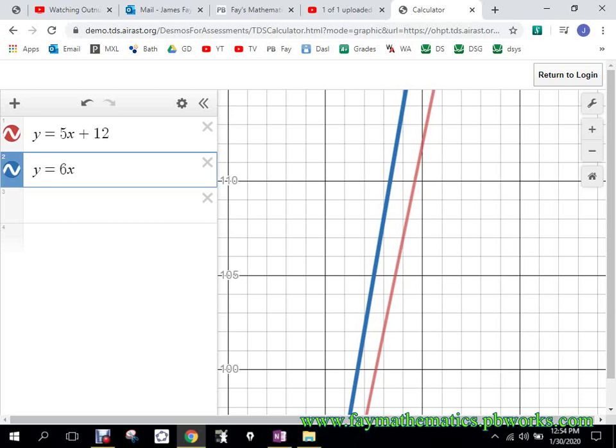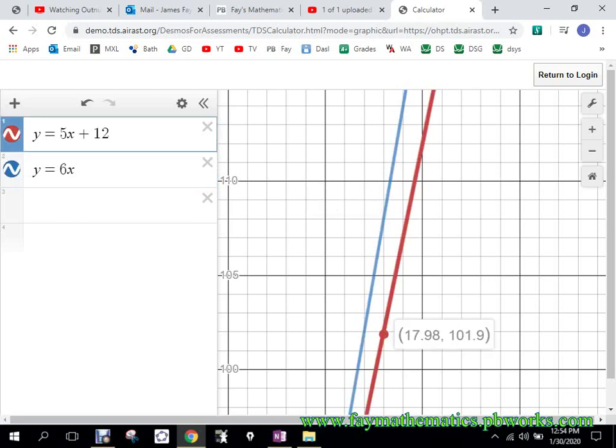If I'm going to take 18 classes, that blue point is going to cost me $108, and right here for 18 classes as a member, it's going to cost me $102. Does that make sense? So in that situation, after taking 12 classes, it makes more sense to become a member because you're going to be saving yourself money in the long run. That kind of makes sense?